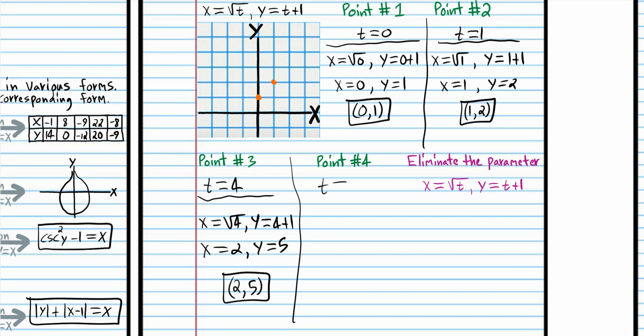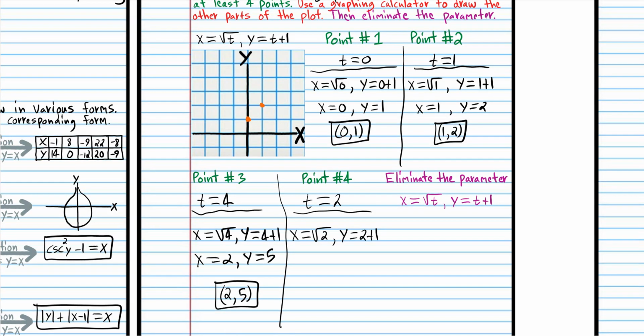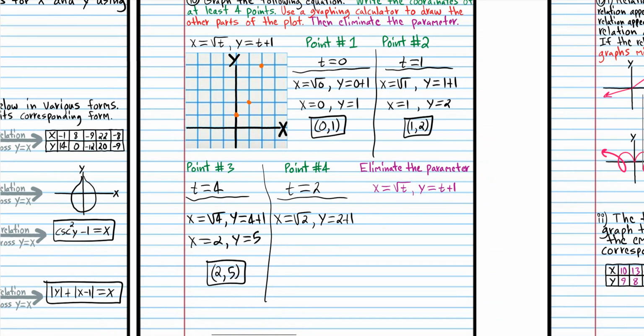So now at this point we're kind of forced to use a value that's not going to be pleasant, because we don't have any other values in the window that we can use. And I forgot to plot that point. (2, 5) is up there. So I graph that point.